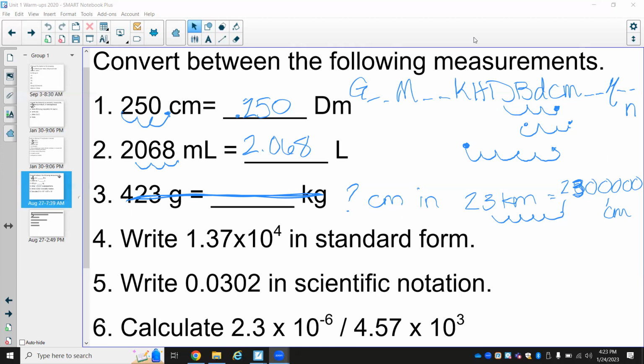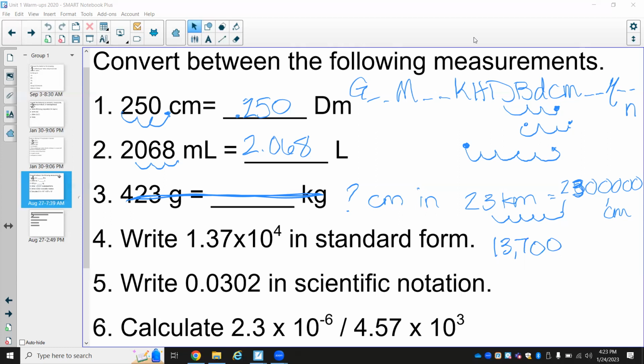So if we move the decimal to the right, it's 137, so that's 2 of our spaces. We would then add 2 more spaces. So this is 13,700 is 1.37 times 10 to the 4th in standard form.